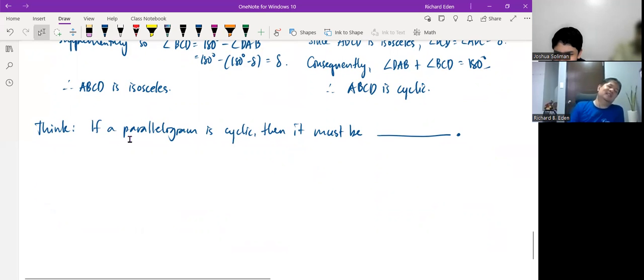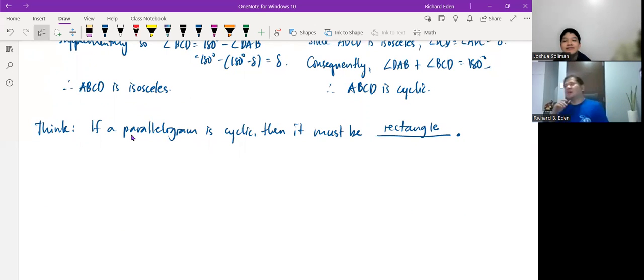The rectangle is easy to disprove. All right. If a parallelogram is cyclic, then it must be a rectangle. A rectangle. All right. How would you argue that?